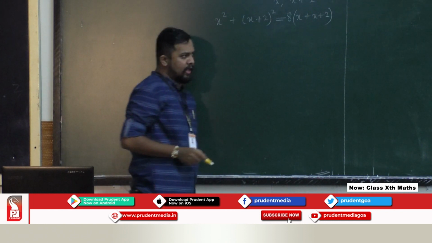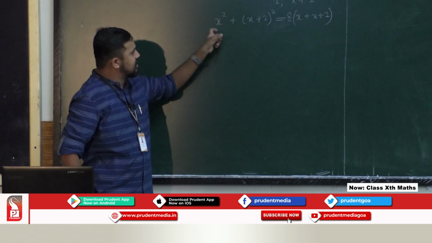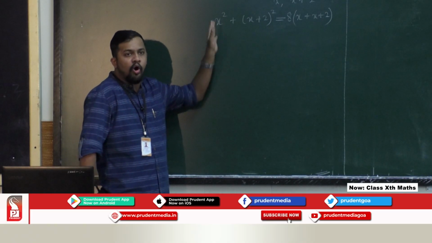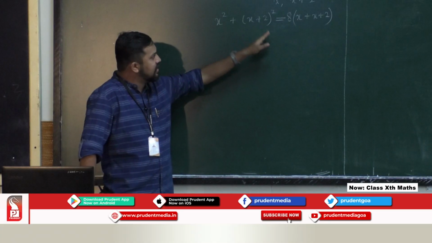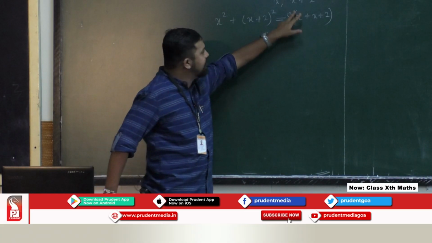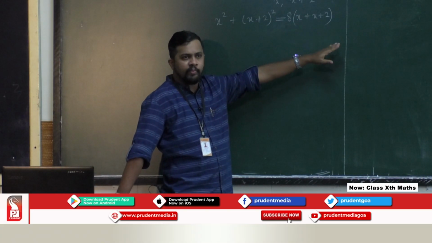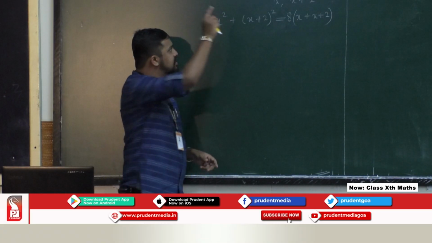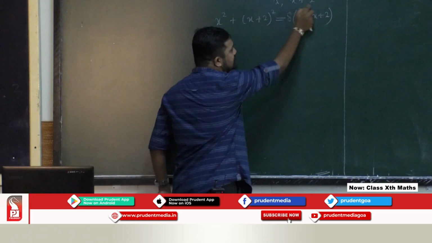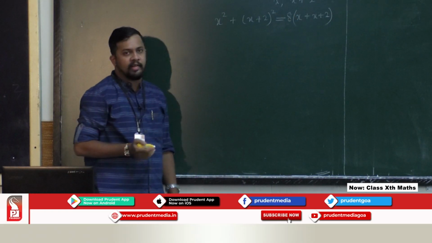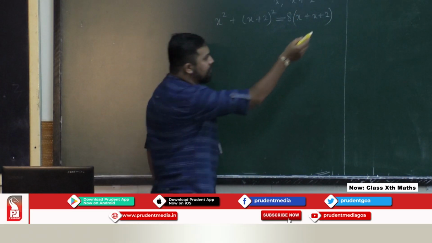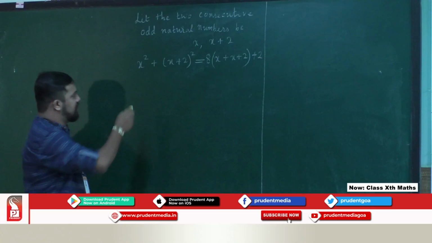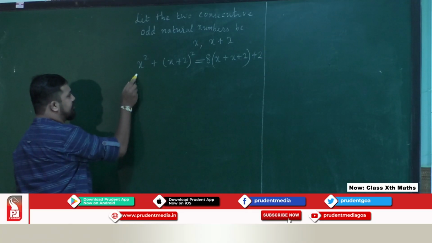Let me repeat what I said: the sum of the squares of two consecutive odd natural numbers is 8 times, or we can put a bracket, 8 times their sum. Their sum means the sum of these two numbers. By how much? It is given as 2, so plus 2.